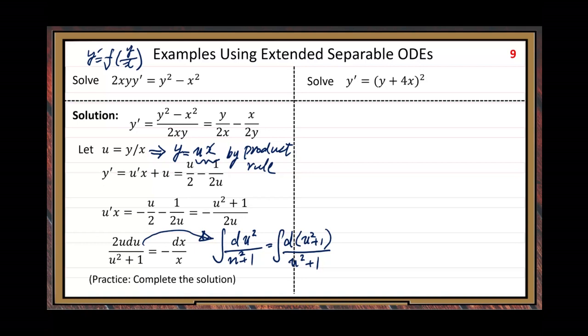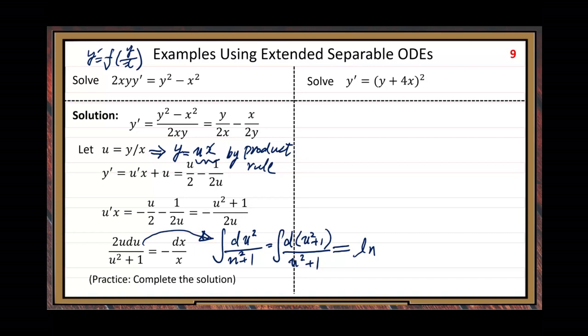Right, natural log. Good. Natural log of what? Right, the denominator. But one point I want to teach you to be careful about: the original formula uses the absolute value of the denominator.